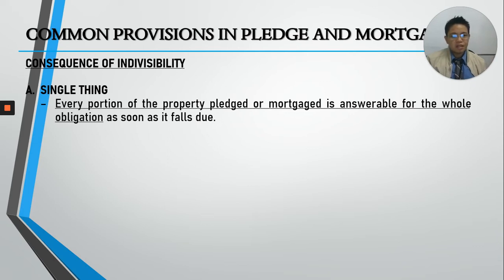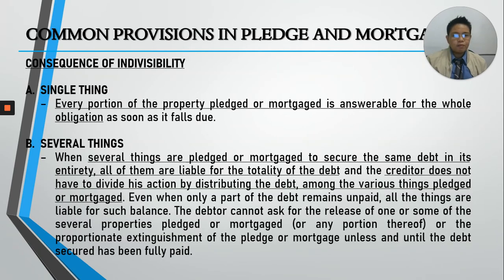So let us say isang lupa, yung lupa na sinangla mo is 100 square meters. Yung buong 100 square meters na yan will be answerable for the whole obligation as soon as it falls due. So what else? Number 2, if there are several things pledged or mortgaged, all of them are liable for the totality of the debt.